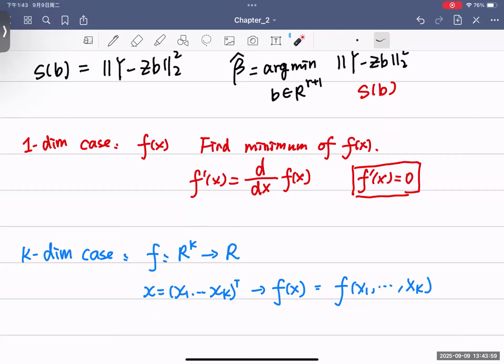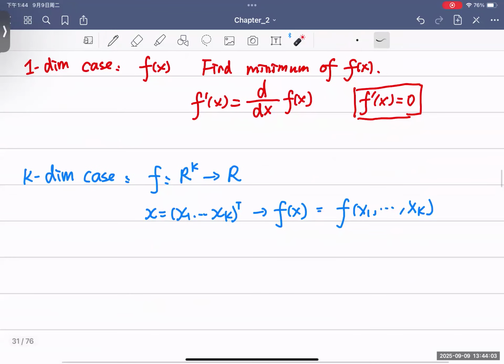So we slightly change the derivative, which now has the name gradient. Commonly we write it as nabla f(x). It is defined as a k-dimensional vector, depending on how many x we have.